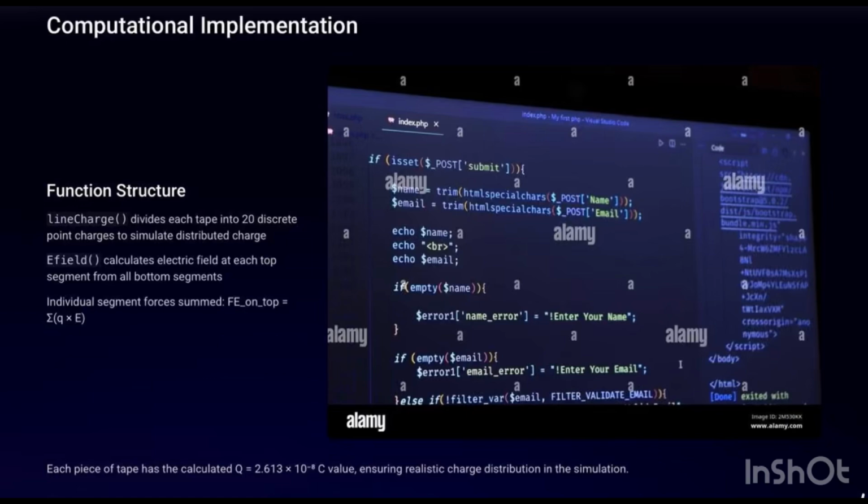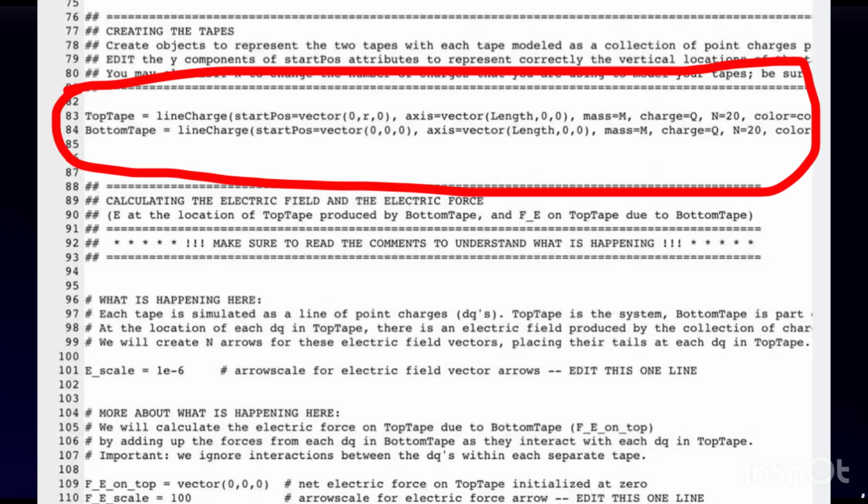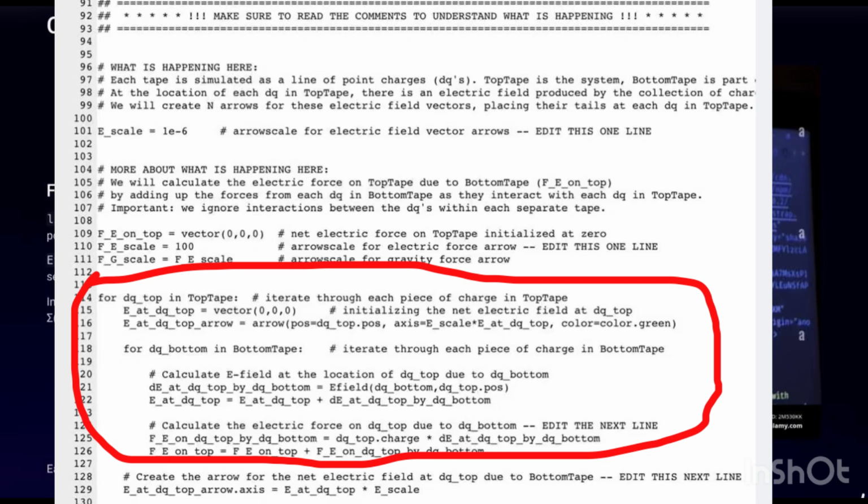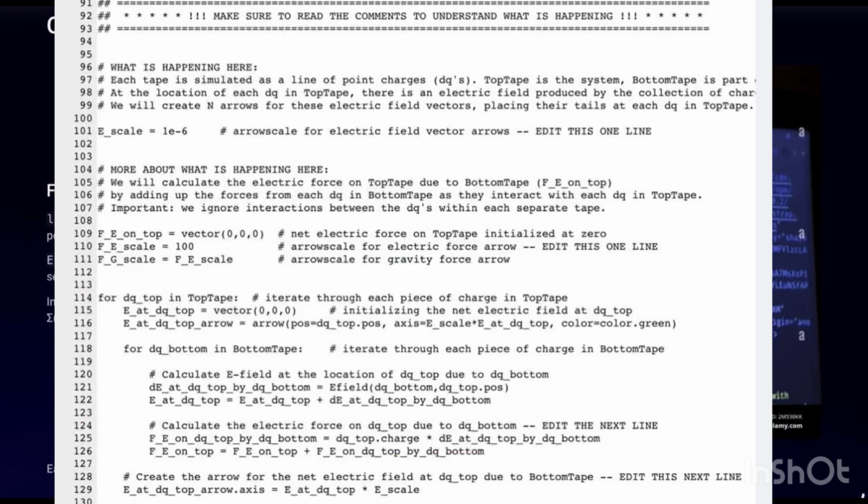As a brief explanation of the code, we first create the tapes, a top tape and a bottom tape, and split each tape into, in this case, 20 segments, and each segment acts like a little point charge. Then we calculate the electric field using nested loops. Inside of that nested loop, we calculate the field of each dq of each of the segments of the bottom tape using the E field function that we defined earlier that applies Coulomb's law.